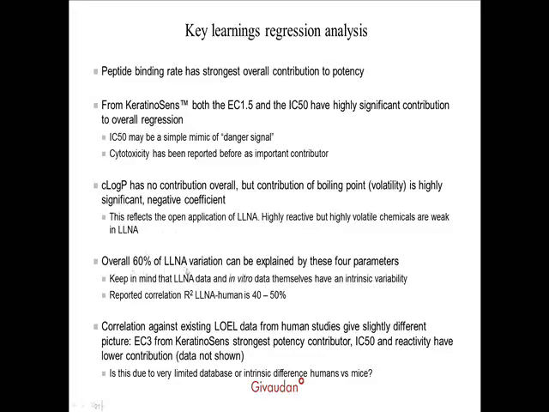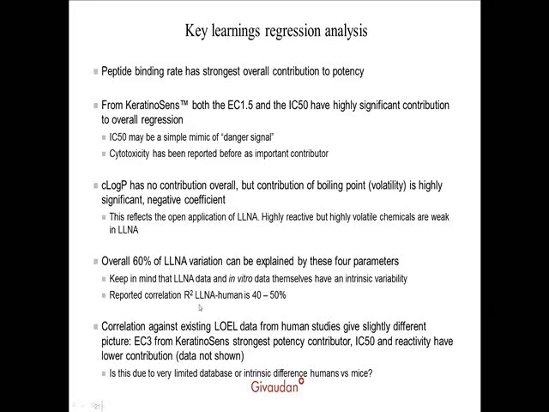So we can explain 60% of the LLNA. Now this is far less than 100%, but we should keep in mind that the LLNA itself and the in vitro data themselves, they have a variability. So in the best world, we would probably only arrive at 80% in the future. Better is probably not possible due to data variation.